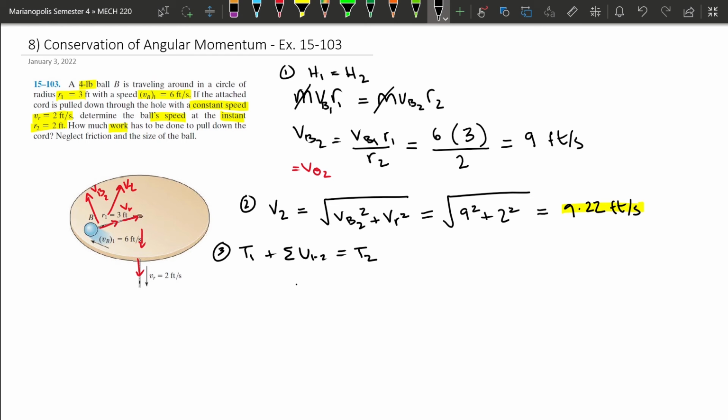So I can get T1 is half m, which is 4 over 32.2. Remember, this is 4 pounds, so I'm going to convert it into slugs, 4 over 32.2, times, now my velocity here, do I use vB1 or v1? Let's look at the question more carefully: the ball is traveling around in a circle with the speed of 6 feet per second, right?